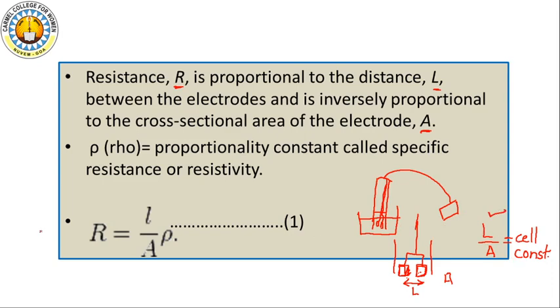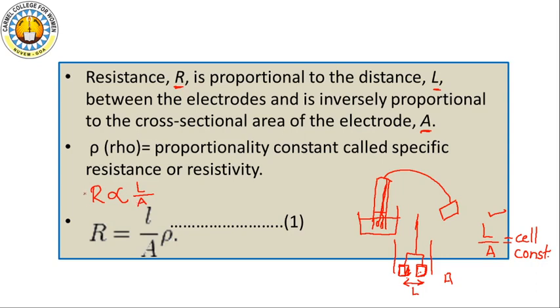Now here we have said resistance is proportional to the distance L between the electrodes and inversely proportional to the area of cross section of the electrodes.